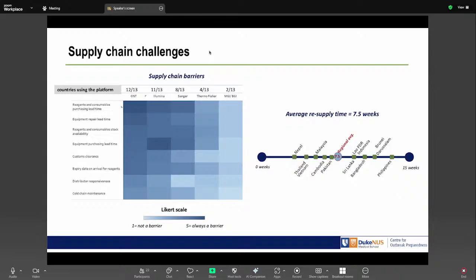I was in these big university campuses, so I would walk to the next building, which has a big freezer university store, pick out what I needed, and come back and continue my experiment. So that's the difference, right? Because the supply chain is there in those countries. In Singapore, it's a little bit longer, but we can still get reagents in 2 weeks, 3 weeks time. But this is not the case for many countries.